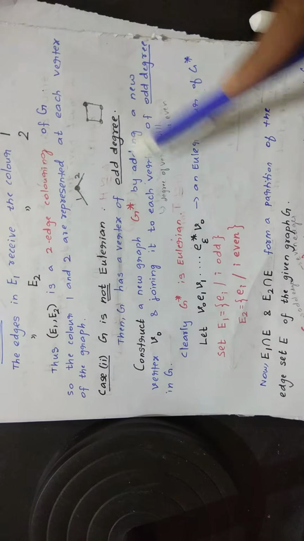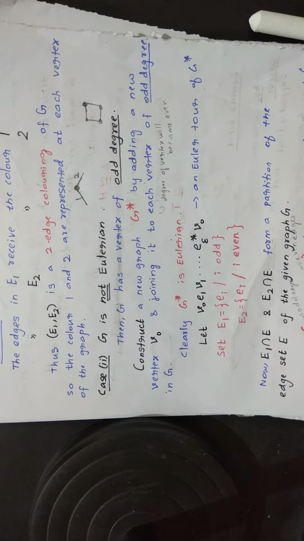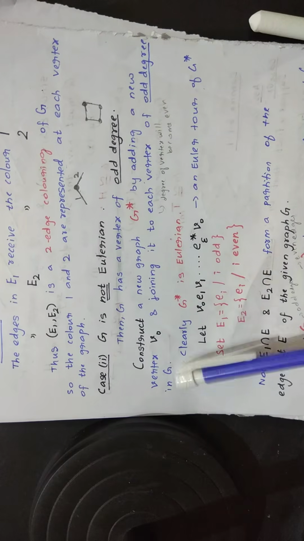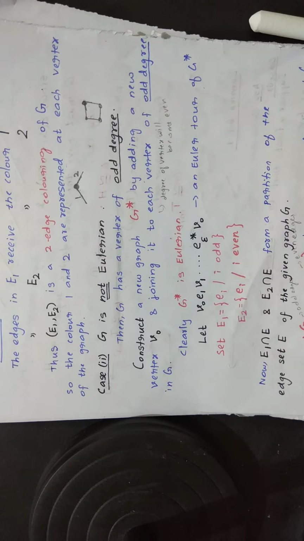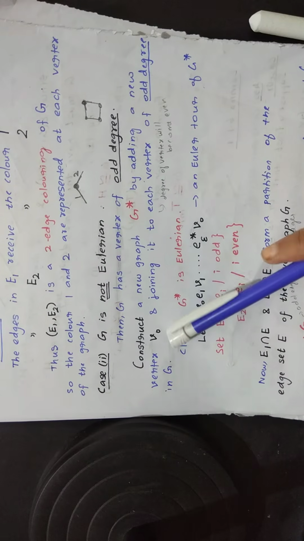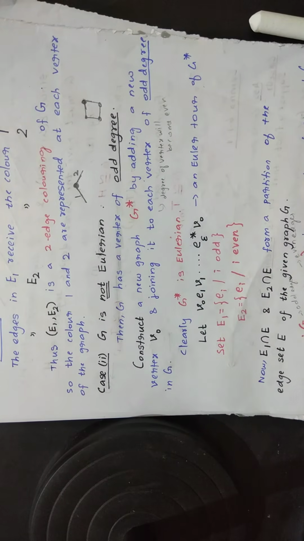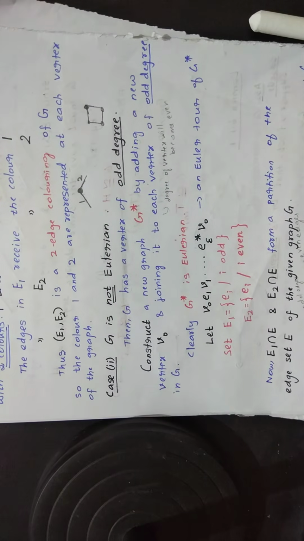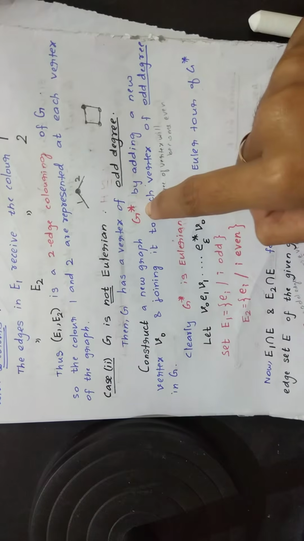Is that clear? So if that is so, you consider a new graph, G star, formed by adding a new vertex V0 to the graph G. After adding the new vertex V0 to the graph G, you get a new graph, denoted G star.